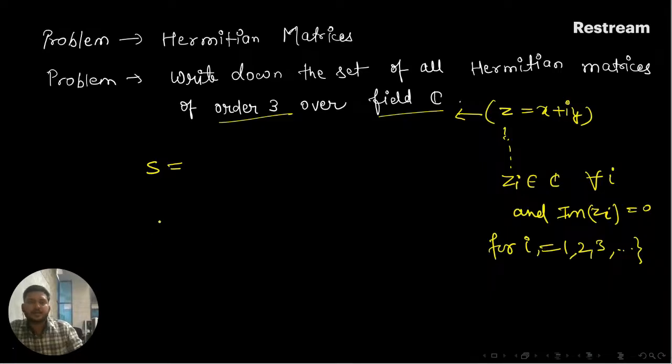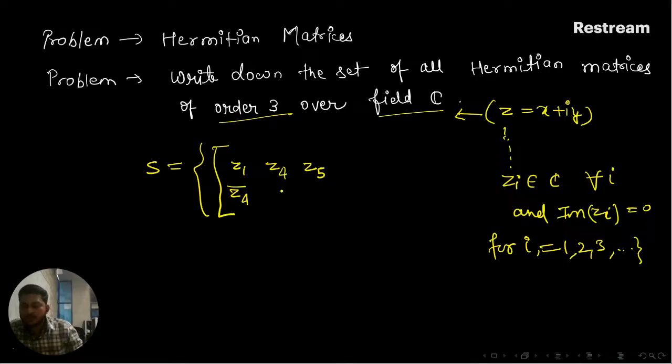So here is S, whose entries are Z1, Z4, Z5 and Z4 bar, Z2, because the entries here are the diagonal entries for the S bar matrix, and take Hermitian matrices.